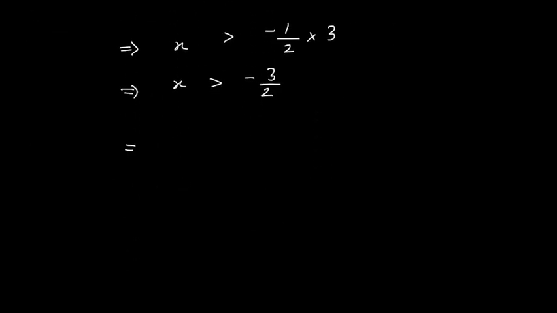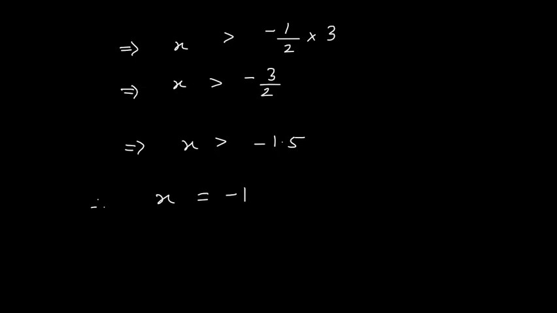This is nothing but minus 1.5. So the smallest integer which is greater than, here it is not greater than or equal to, it is only greater than. So I will remove this equal to sign, and therefore x is equal to minus 1.